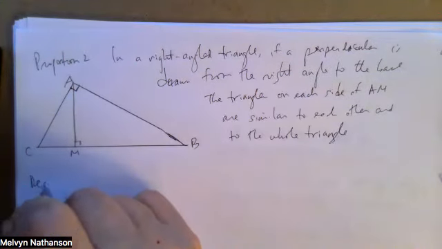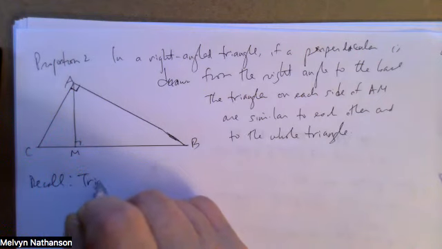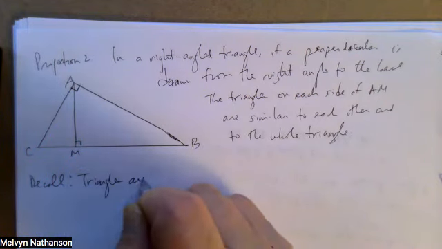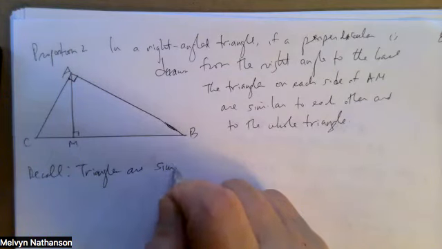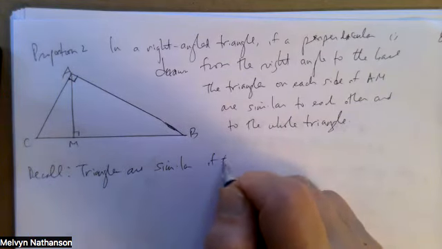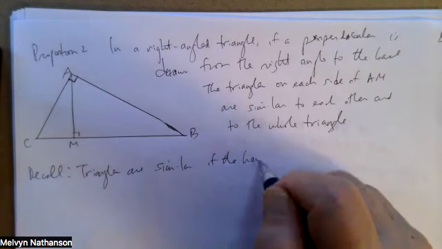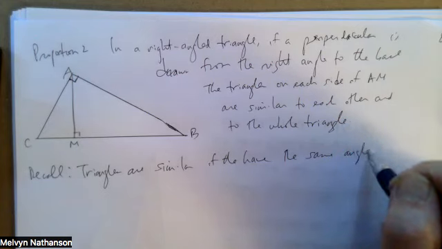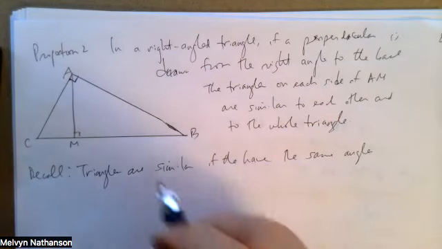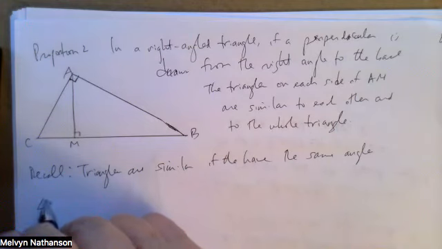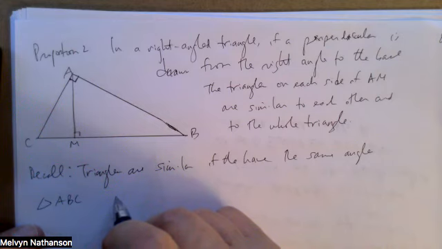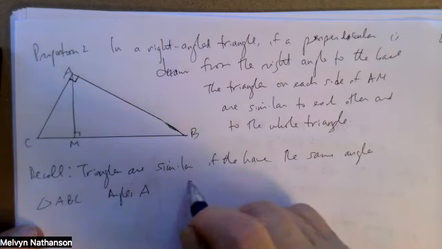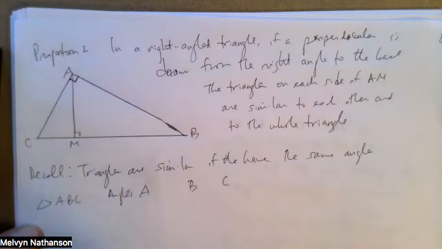So let's recall, triangles are similar if they have the same angles. So for example, for this original triangle, triangle ABC, what are the angles? We have angles A, B, and C. A is a right angle.